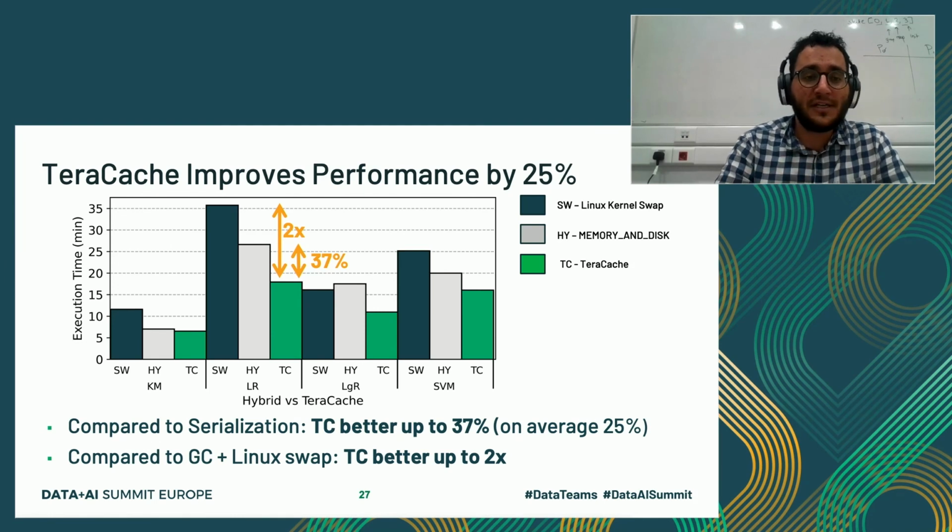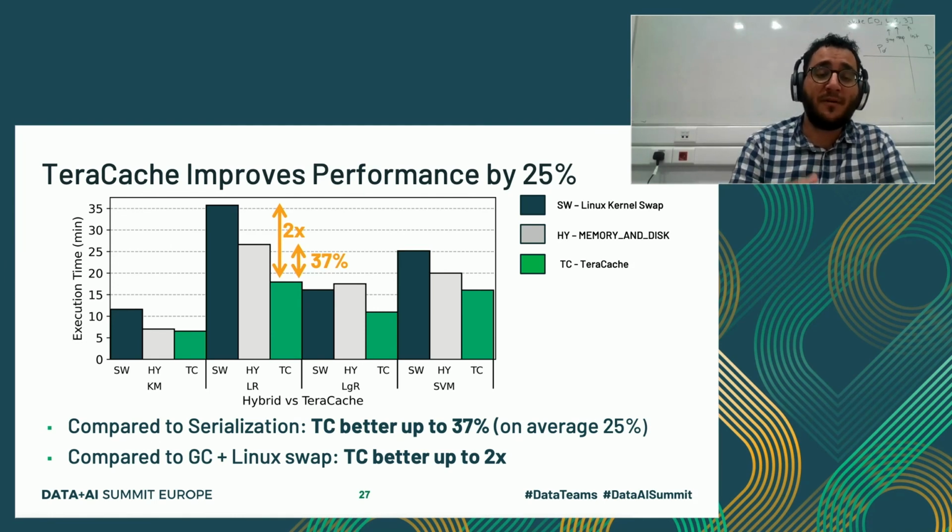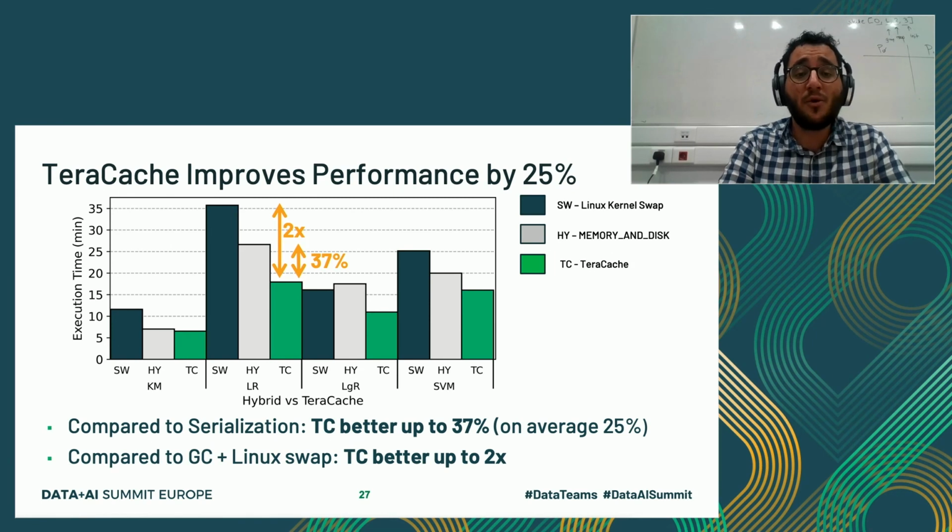The second bar in each cluster shows the performance when we use the memory and disk storage level in Spark, and the third bar in each cluster shows the performance of TeraCache. TeraCache improves performance by 25% on average and up to 37% in linear regression compared to the memory and disk storage level.